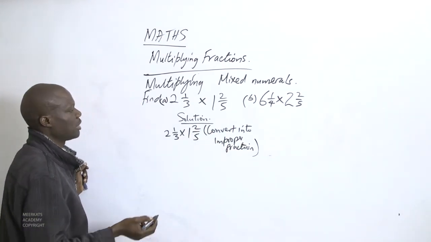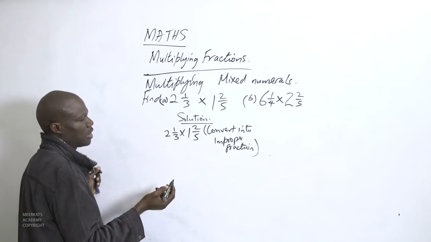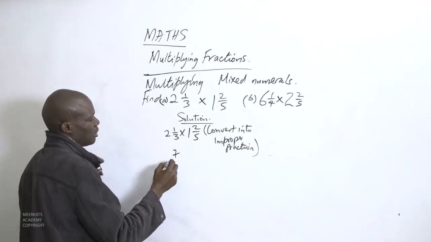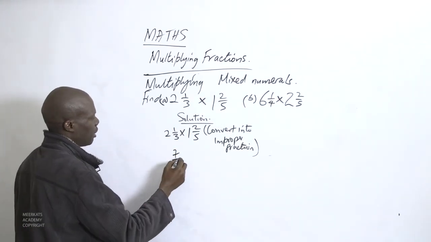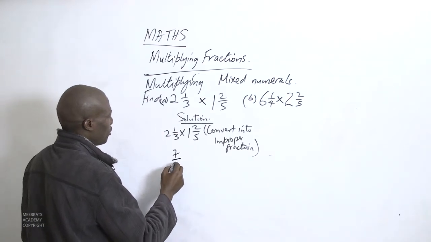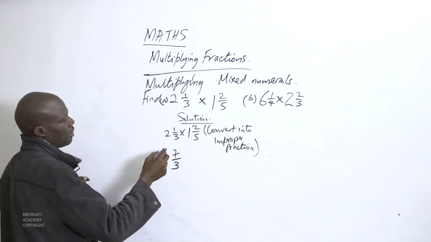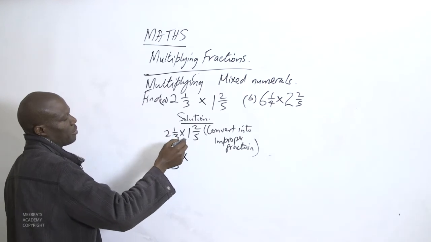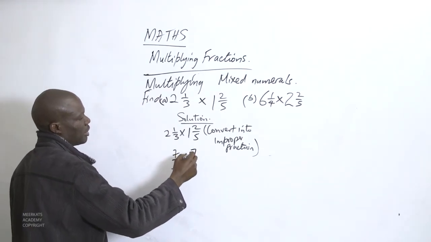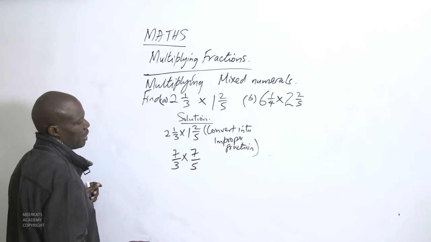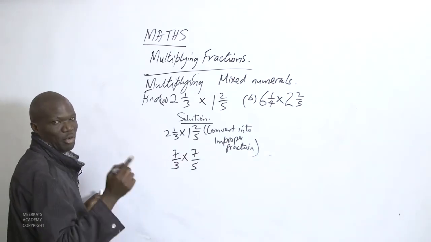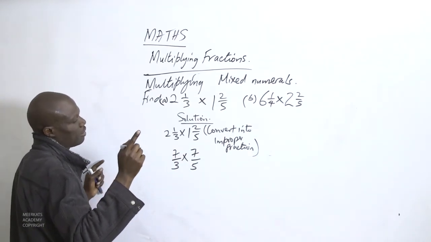To convert this, it is 3 times 2, which is 6. 6 plus 1 is 7 over 3. 7 over 3 times, now 5 times 1 is 5, plus 2 is another 7 over 5. Take note that the numerators are the same, but we cannot cancel horizontally.